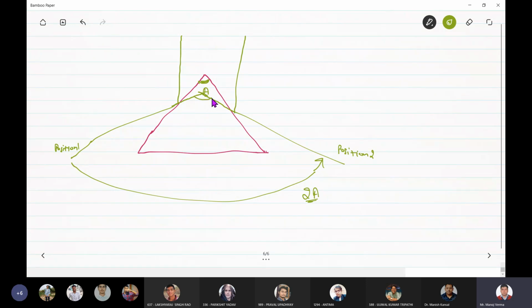So basically this angle is 2A and this is twice of this angle. This you have to prove geometrically.